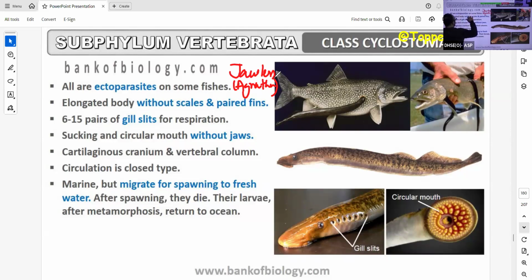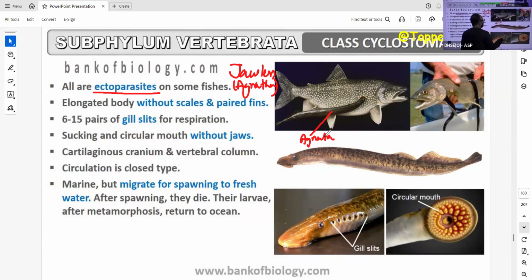Then all the members of the Agnatha are basically ectoparasites. As you can see here, they are stuck to, ये दिख रहा आप, ये आपकी अग्नाथा है. And this is a fish.